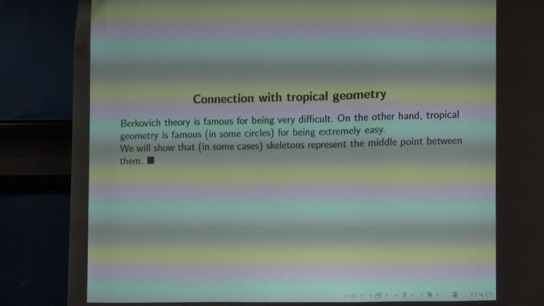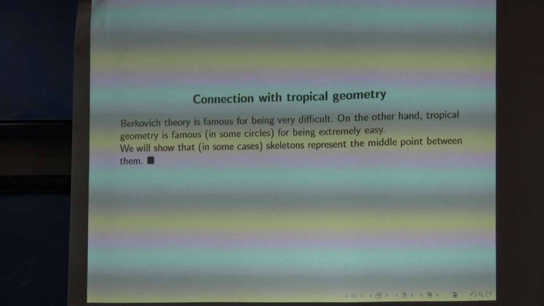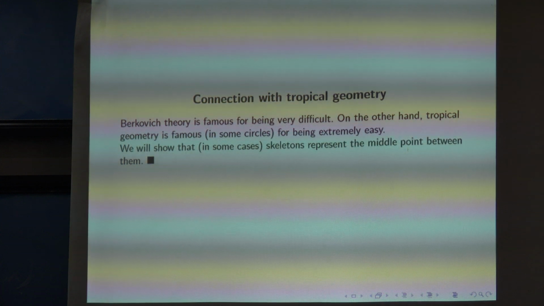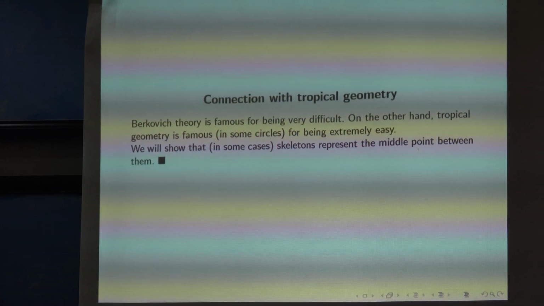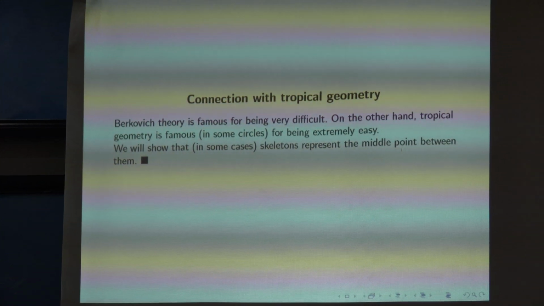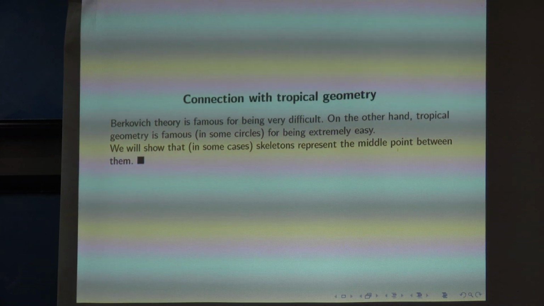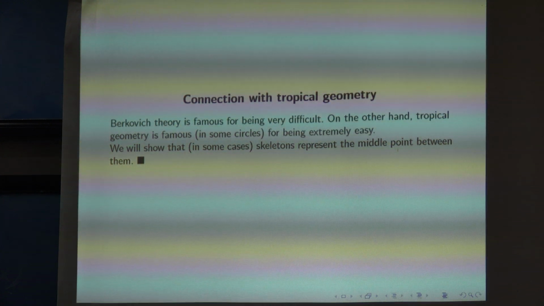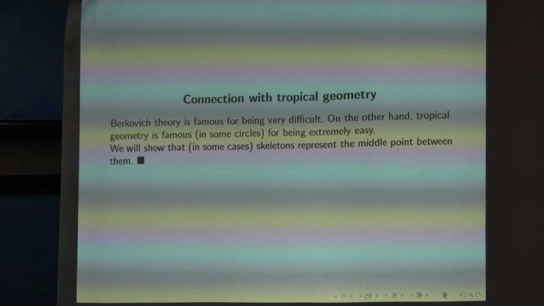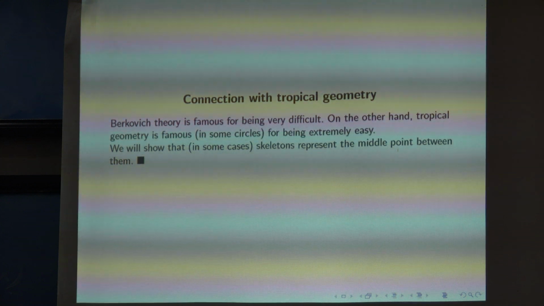So let me go to the final part of the talk. It's a connection with tropical geometry. And here I want to say some words from my experience. Berkovich theory is very famous because it is really difficult.